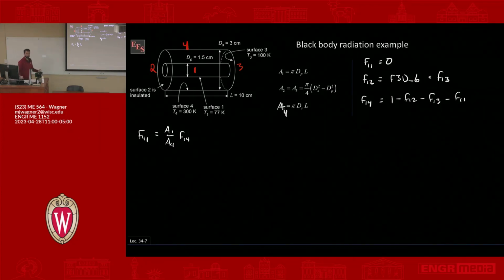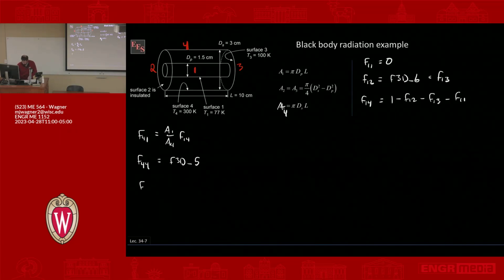Okay, so we compute it that way. That's easy. What else could we do? We could do F4,4. That is the view of the outer shell to itself with some obstruction in the middle. Turns out there's a library for that, F3D_5. So we would get it that way.